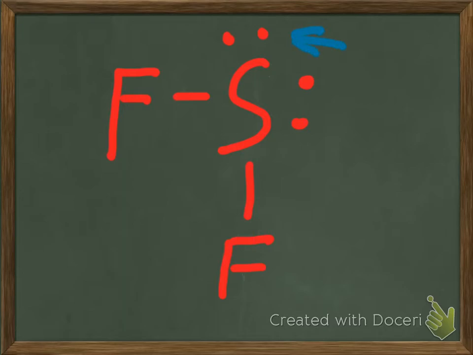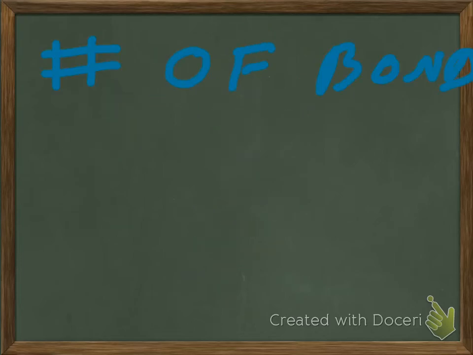That's just a pair of electrons that are not bonded to anything. Same thing here. This is a pair of electrons that's not bonded to anything, so neither of those count. This region right here does happen to be bonded, and so it does count. Same thing with this one. This region does count as well. So both of those regions are bonded, and so as I come back to my question here, number of bonds, I have 2 regions that are bonded.